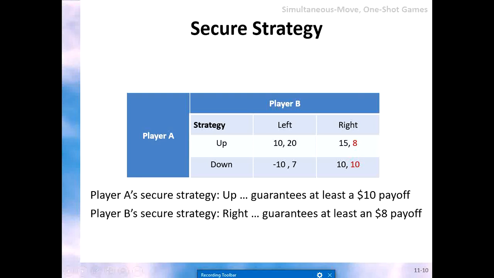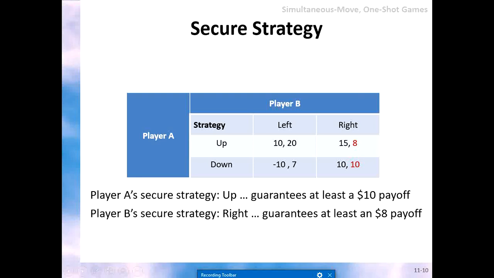he will get only 8 and player A will get 15. So if he chooses the left side, player B can get 20 instead of 8 and player A will get 10 instead of 15.